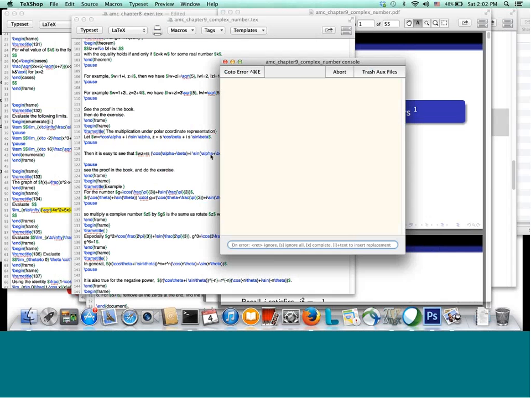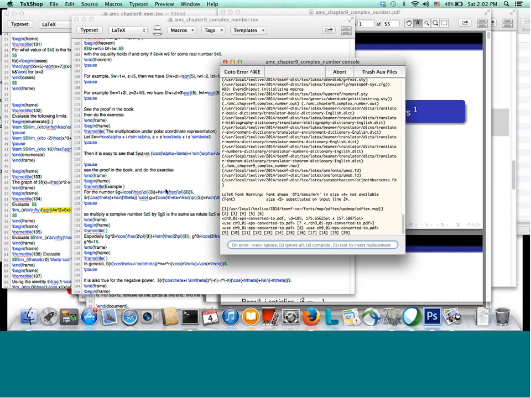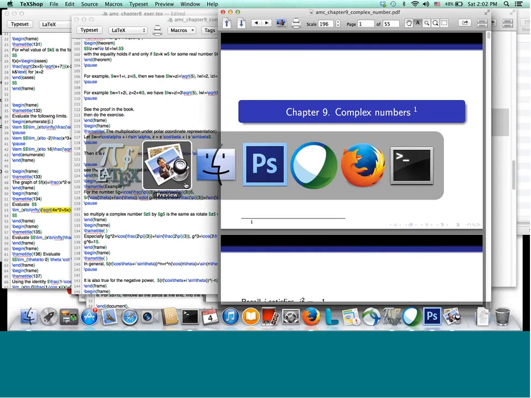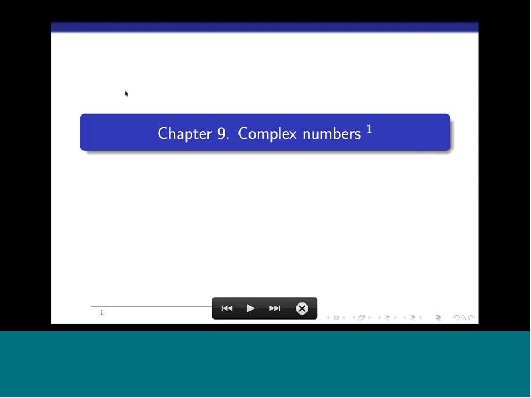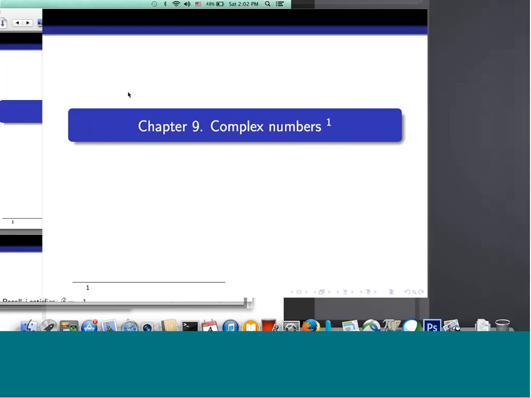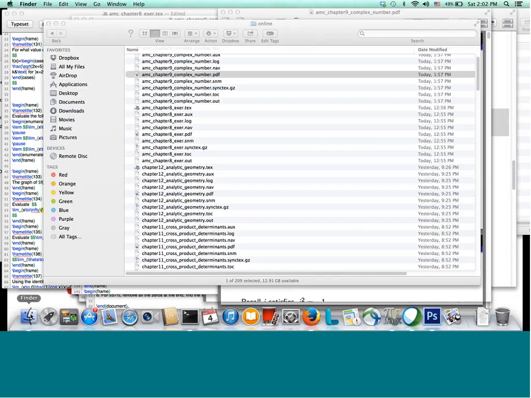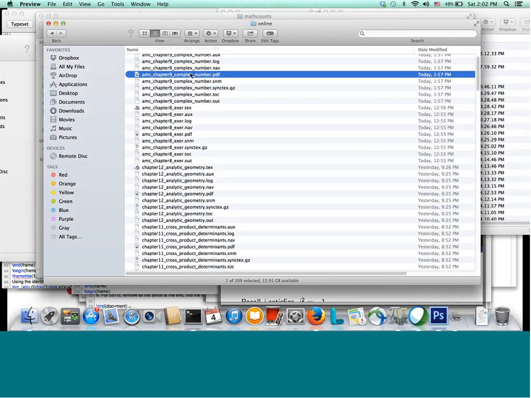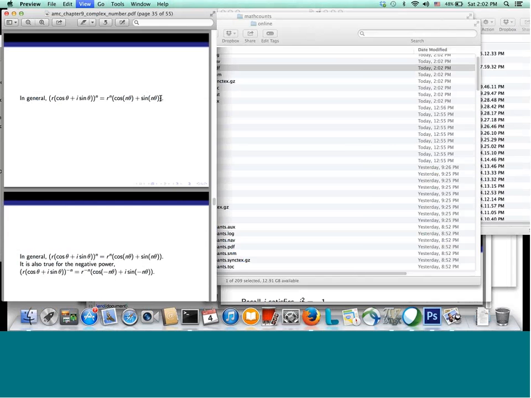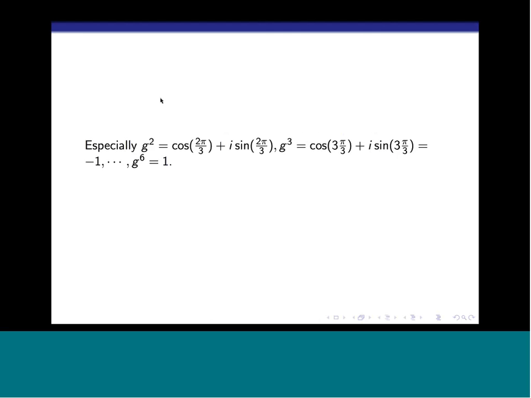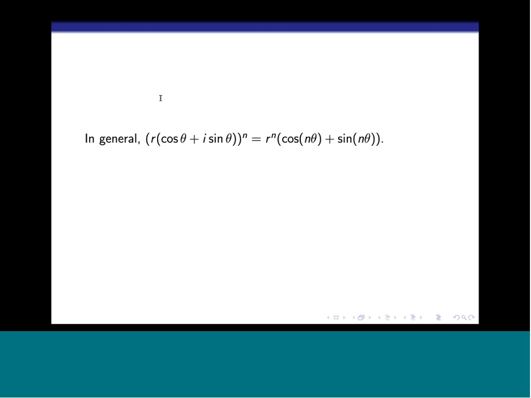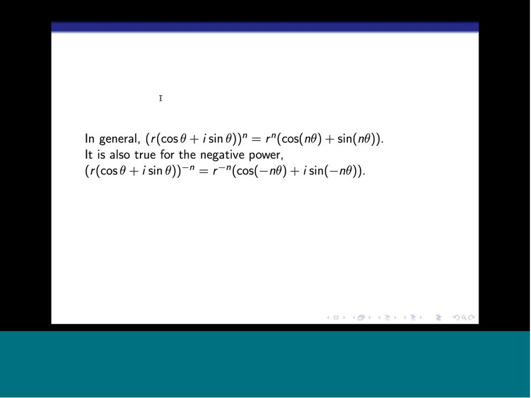The next several chapters all have slides. The new technology still has some problems, but it's much better than before. Before, it was very hard to show mathematical formulas remotely. Anyway, it's also true for the negative power.